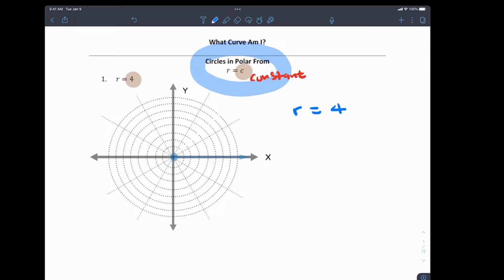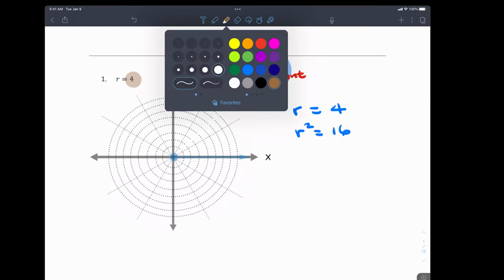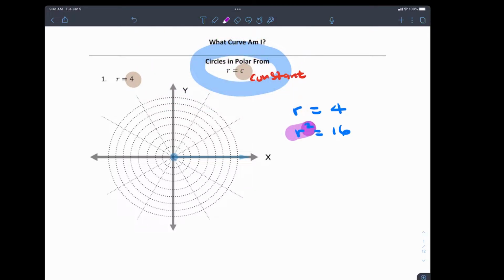I can square both sides. What happens if I square both sides? I get r squared equals what? 16. Is that true, if I square both sides? Well, what is r squared anyway? Have you ever seen r squared before? Say yes, we know what that is. What is that? That's x squared plus y squared.